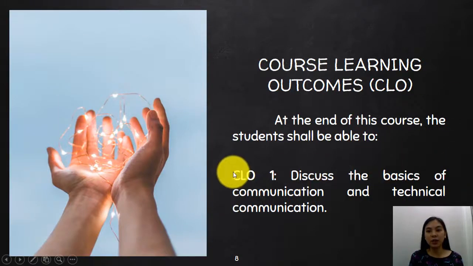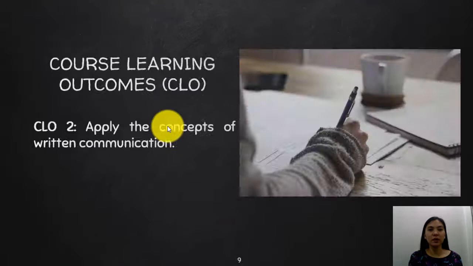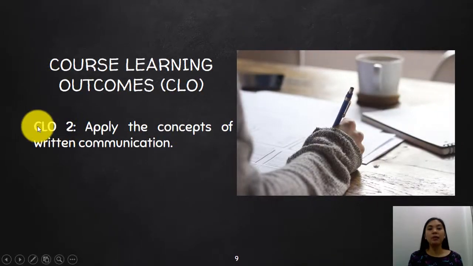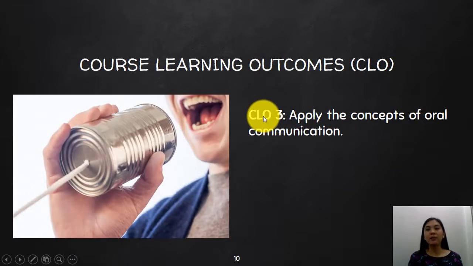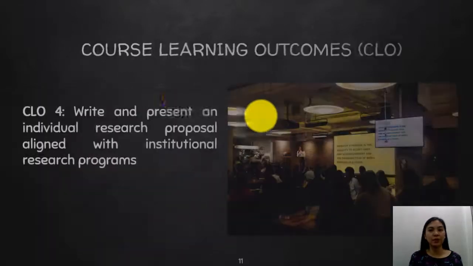So you have your CLO number 1, discuss the basics of communication and technical communication. Your CLO number 2, apply the concepts of written communication. CLO number 3, apply the concepts of oral communication.